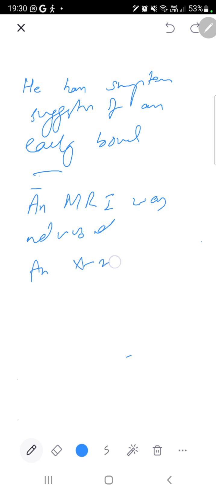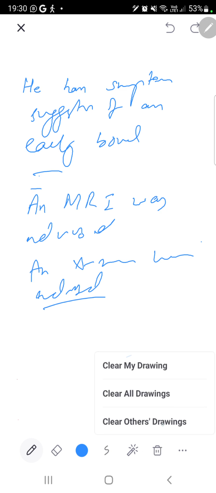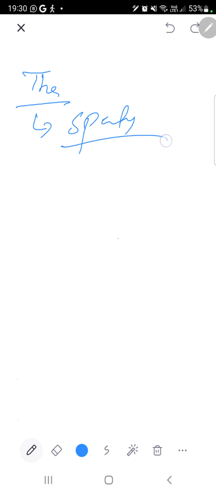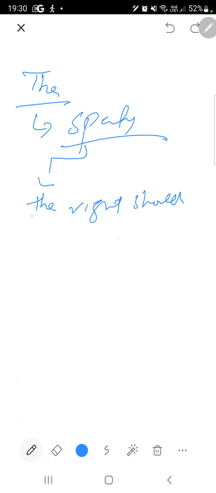An X-ray was advised. We can use that. Let's say if we have a vowel sound for that, we can use an before that, if it's singular and countable. We have to use the definite article when we have to specify something, right? Specify means when you have to highlight. Let's say he has pain in the right shoulder, right?